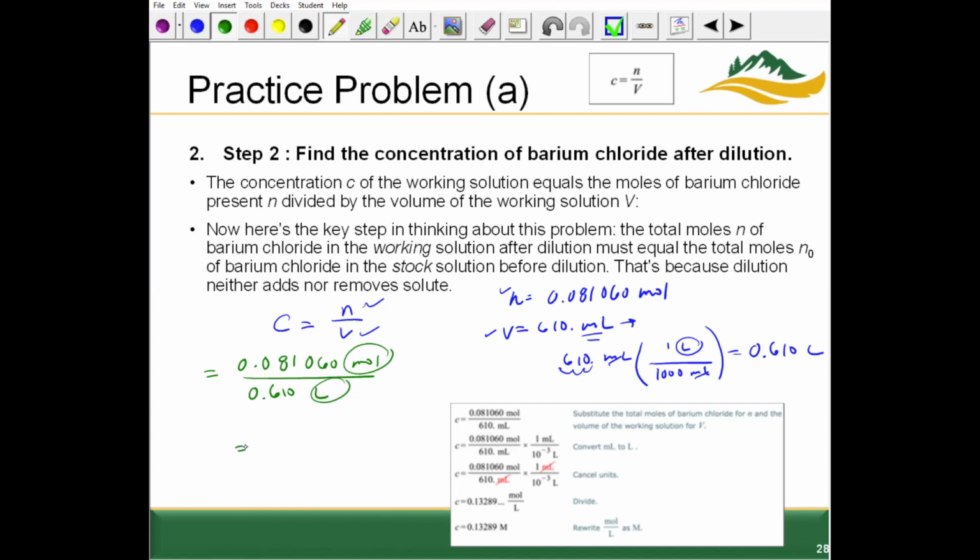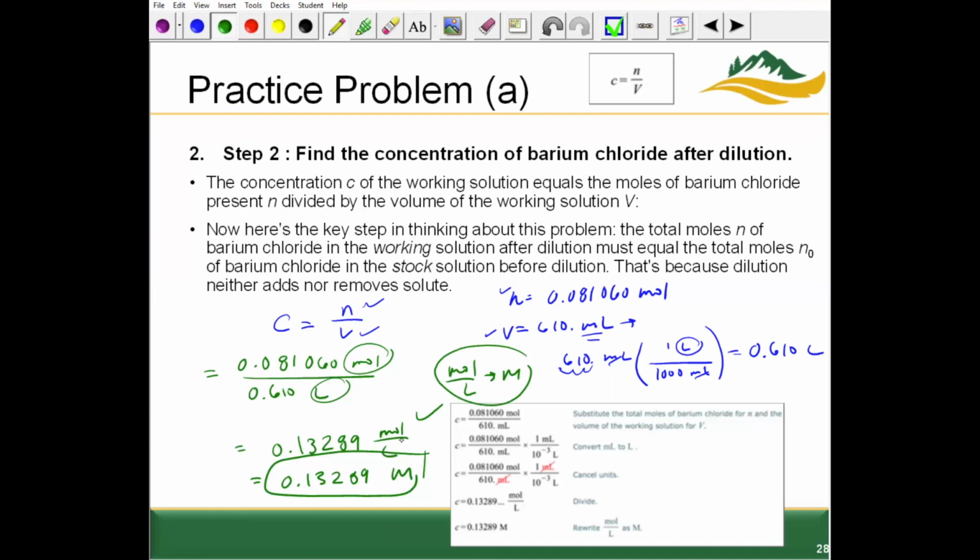This comes out to 0.13289 moles per liter, which we can rewrite as 0.13289 molar, since moles per liter is our definition of molarity. To get this into 3 sig figs, it is 0.133 molar. So that's the concentration of our working solution in 3 sig figs, in units of molarity.